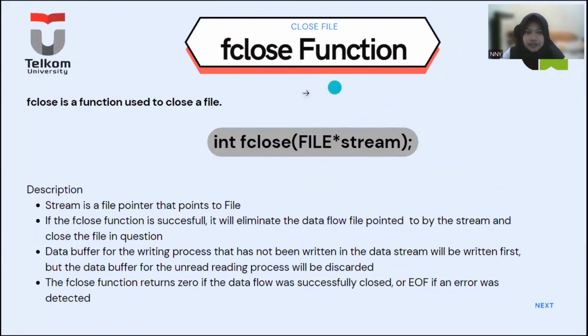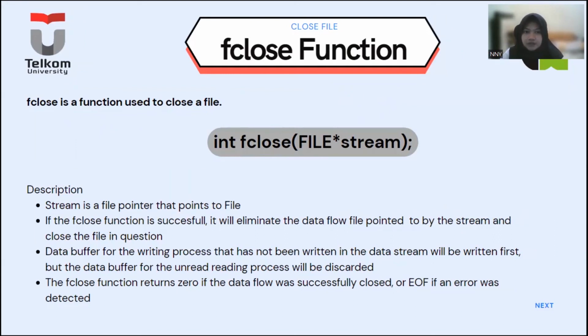The fclose function is used to close a file, and this is the basic form to close a file: int fclose(FILE *stream); where stream is a file pointer that points to a file.